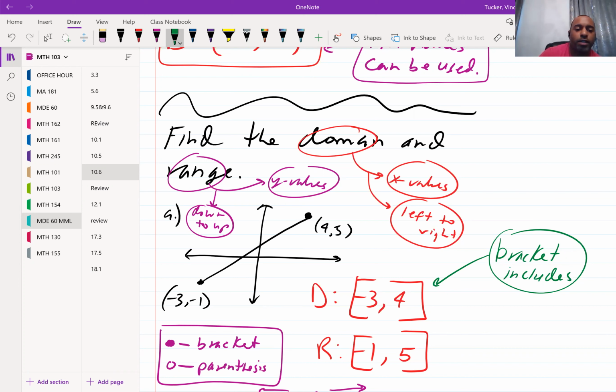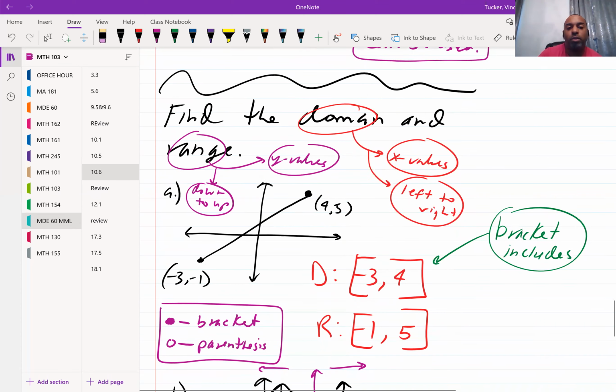And then for your range, notice it's -1 to 5. So that's why we have -1 to 5 here. All right, questions before we do one more?